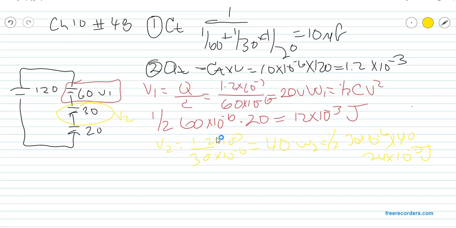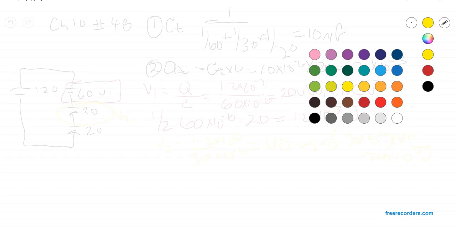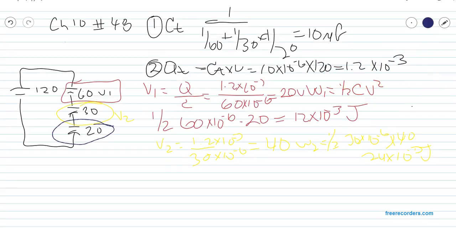For the last one, this 20 microfarad capacitor, we know that we have 40 volts and we know that we have 20 volts. If we add those together, we get 60, and subtracting from 120 leaves us with 60 volts. So we know that's 60 volts.